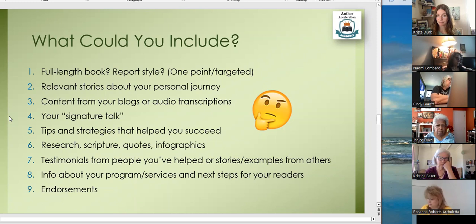Definitely include some of those stories so people get a good sense that you've been there, done that. People really enjoy reading about other people's processes and journeys and stories. You could definitely include that.